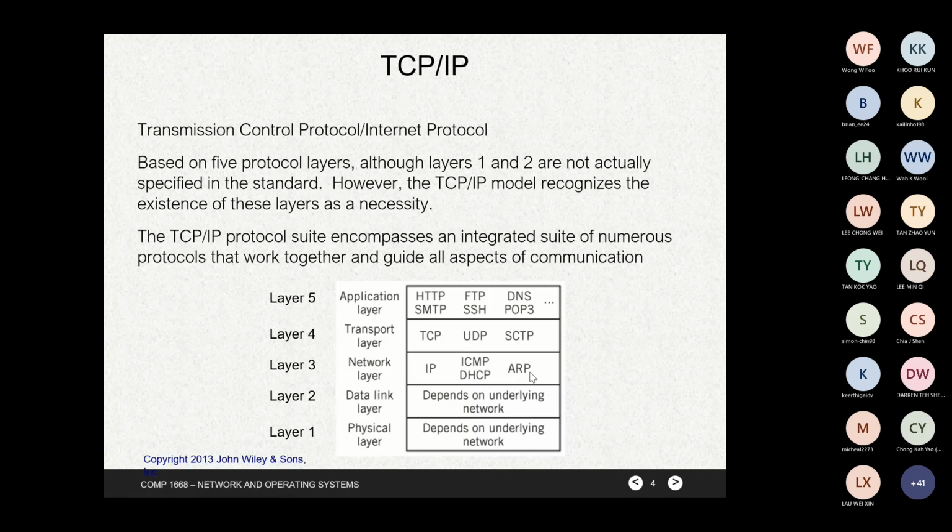So try to understand and memorize it so that you know. For people talk about POP3, POP3 is at application layer for all the internet email. DNS layer 5, FTP layer 5, SSH layer 5, things like that. It's good to know so that when we talk about protocol, we know exactly at which layer the protocol is running.